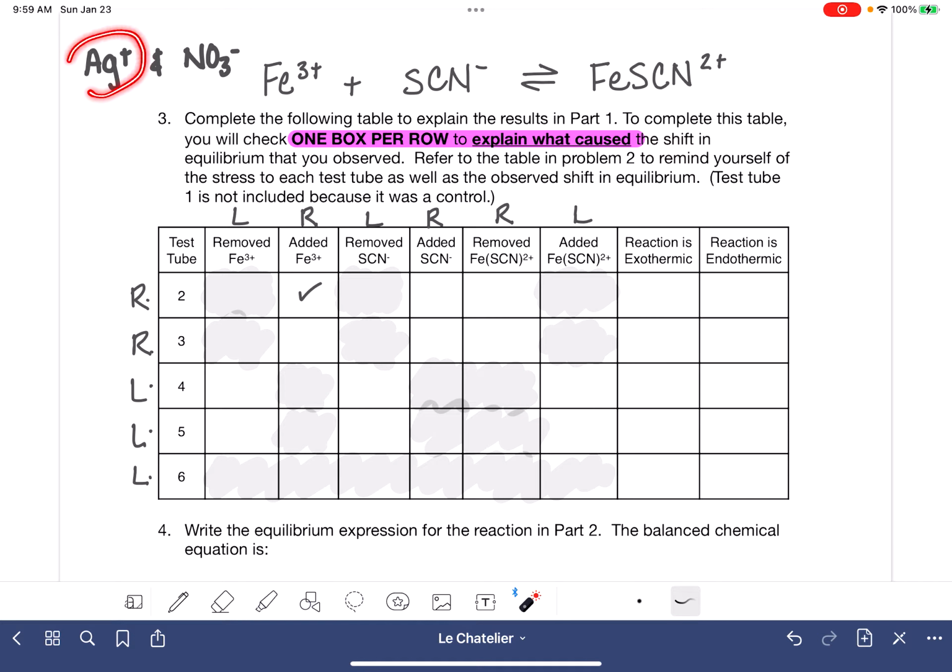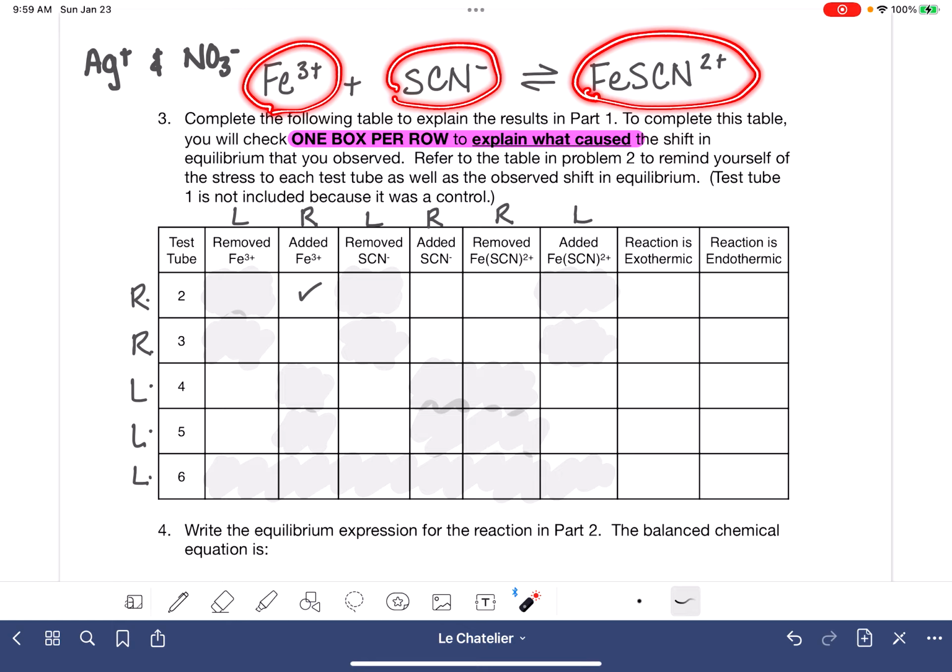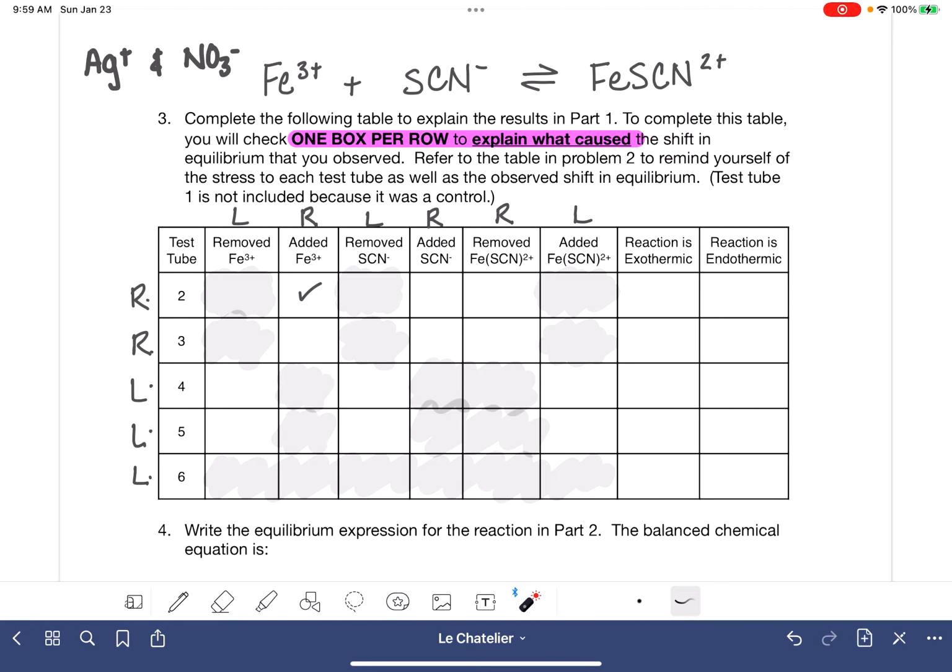That means that Ag+ or NO3- interacts with one of the molecules in the balanced equation. What does happen in a situation like this is that one of the substances that we're adding reacts with one of the substances that's already present in the equilibrium, and it causes that substance to be removed as a solid. So it just removes it completely from the system.